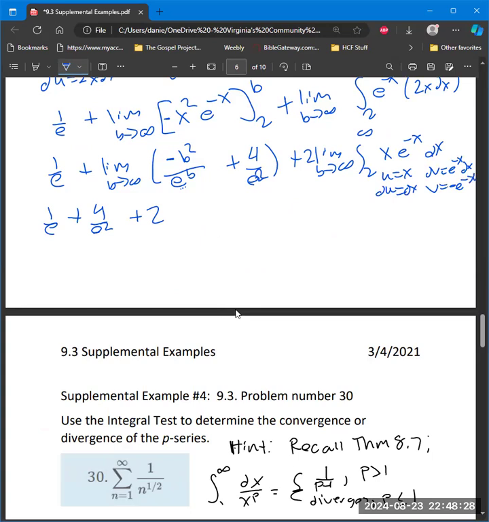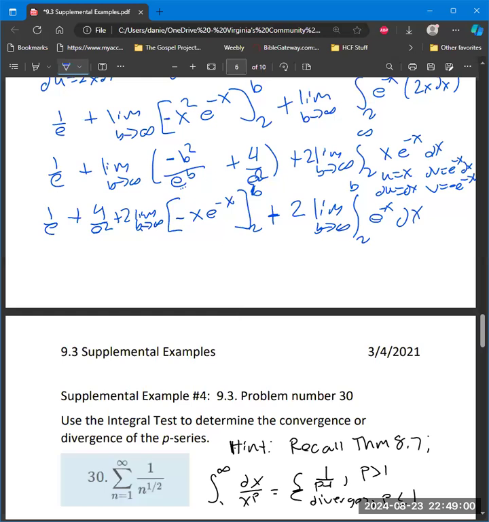So this is going to be 2 times uv from 2 to b minus 2 times the limit as b goes to infinity from 2 to b of v du, like that.